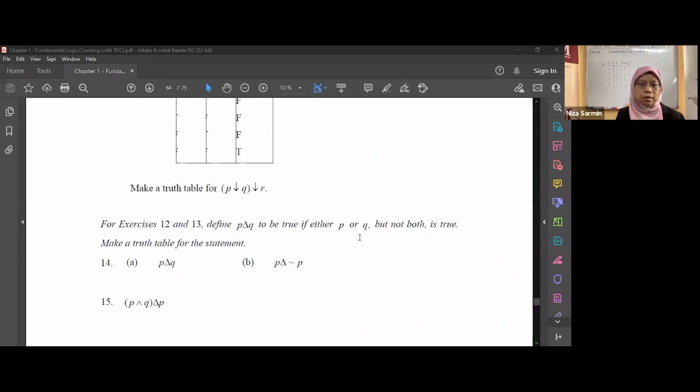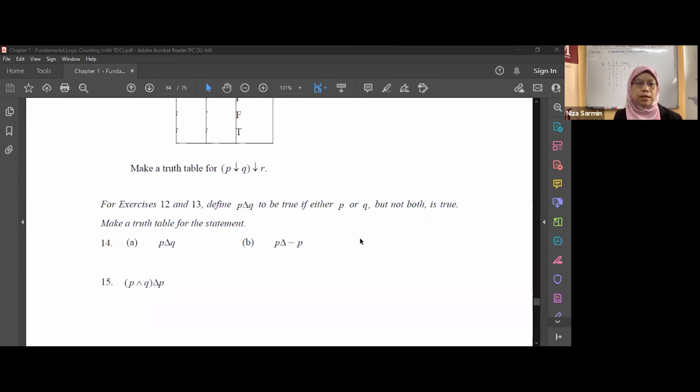Okay, let's do number 15. P and Q, and then that triangle P. So I will erase this first. I have P and Q: true, false, false, false, right?